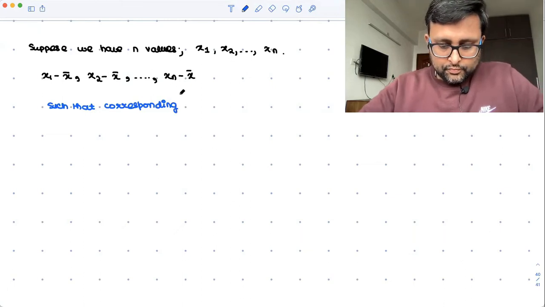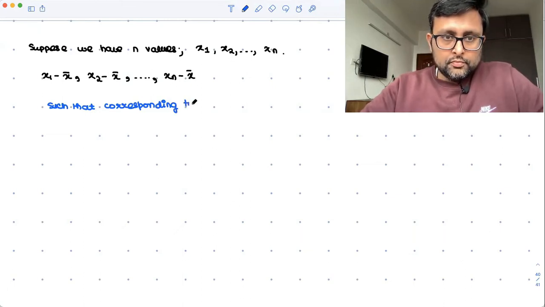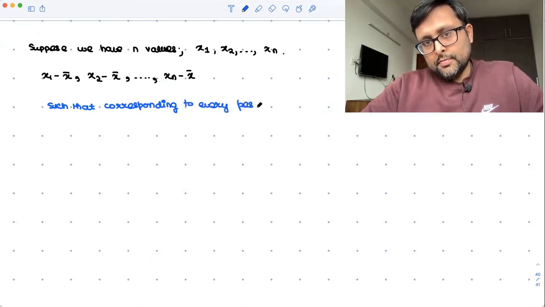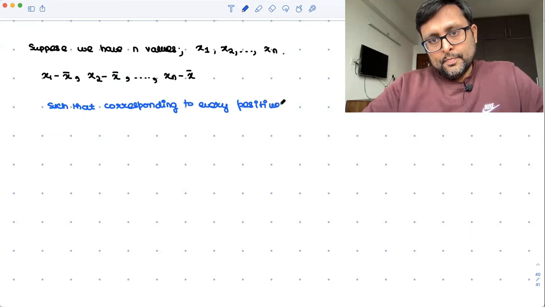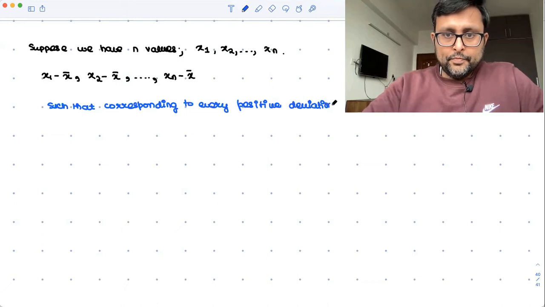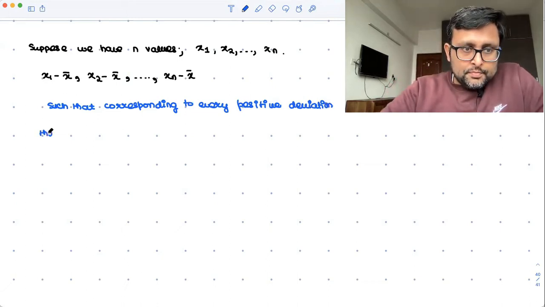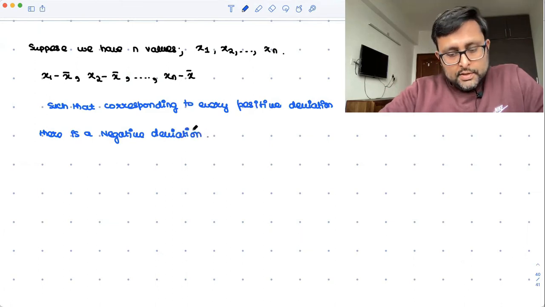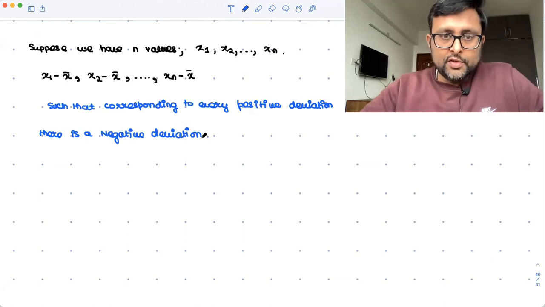Such that corresponding to every positive deviation, there is a negative deviation of the same magnitude.